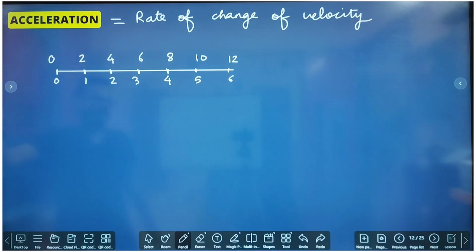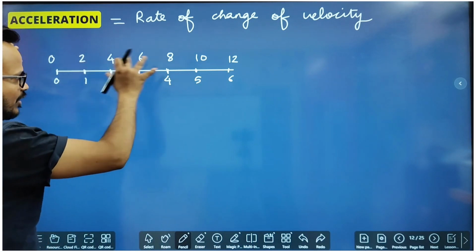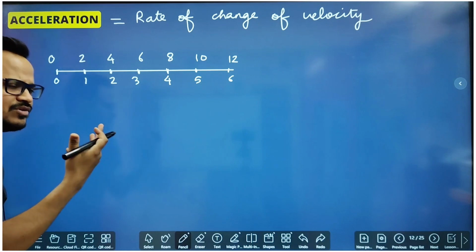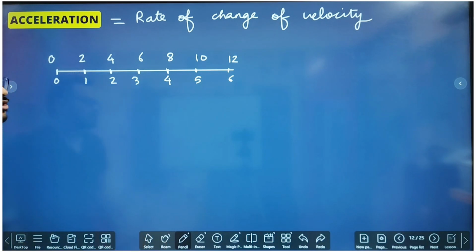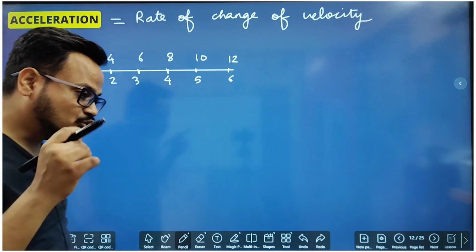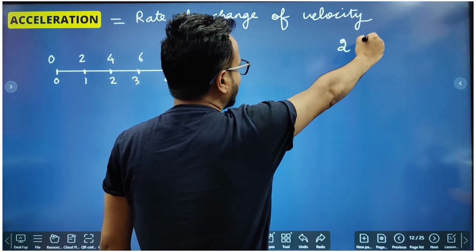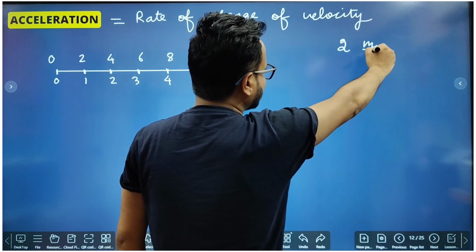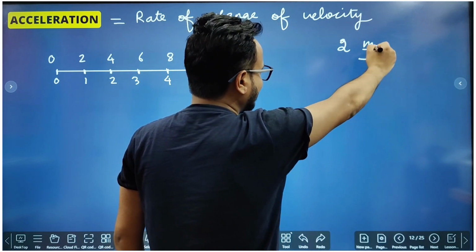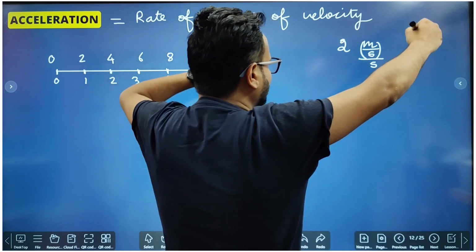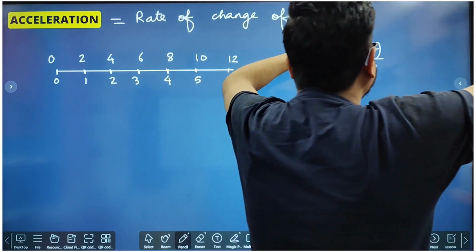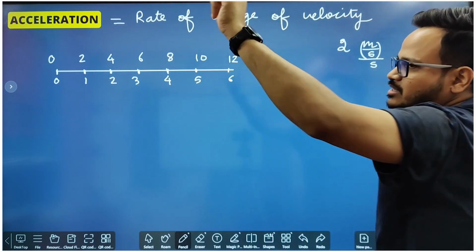How are we going to find the acceleration? Suppose we have to find the acceleration in this case, which we know is 2 meter per second square. We call it 2 meter per second square, but basically it is 2 meter per second, right? We are saying that the velocity of the body is changing by this value, 2 meter per second in 1 second.